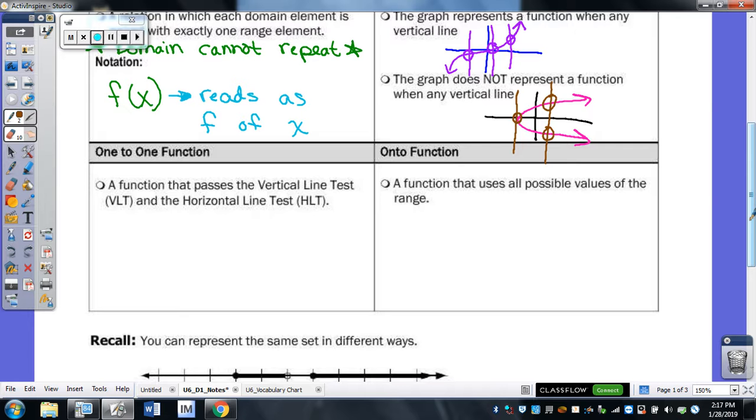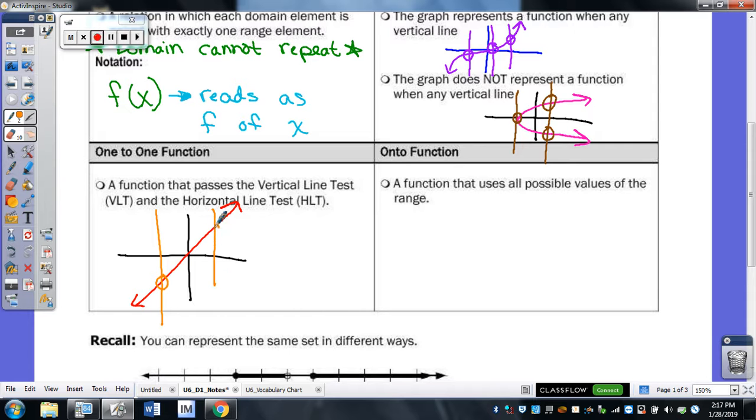The new ones are a one-to-one function and an onto function. So a one-to-one function passes the vertical line test, because that tells you it's a function, but it also passes the horizontal line test, and that's what tells us it's one-to-one. So let's draw a picture here. Let's say I have this graph of a line here. If I do my vertical line test, is it ever going to hit anything more than once?